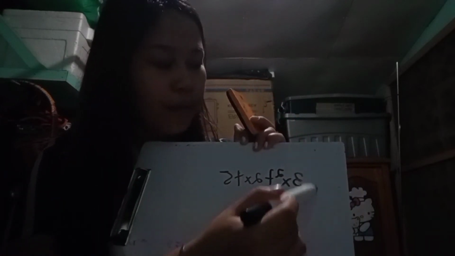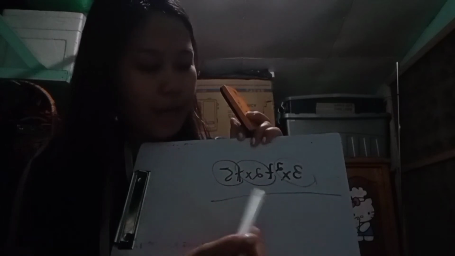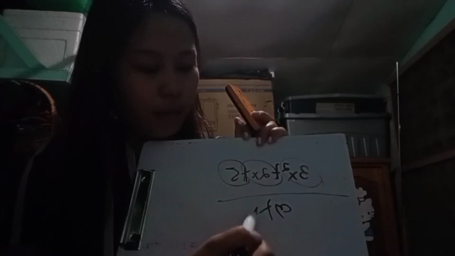We have the first term, second term, and the third term. So, we have 3 terms. Did you get it? Okay, thank you. How did you find our topic for today? Is it easy? Yes. Thank you.